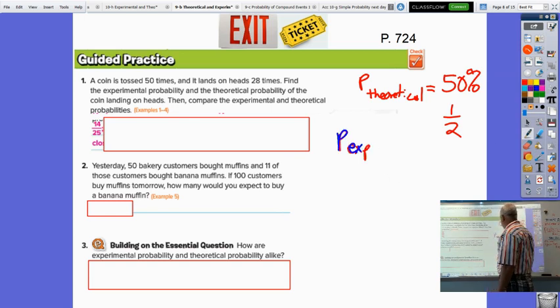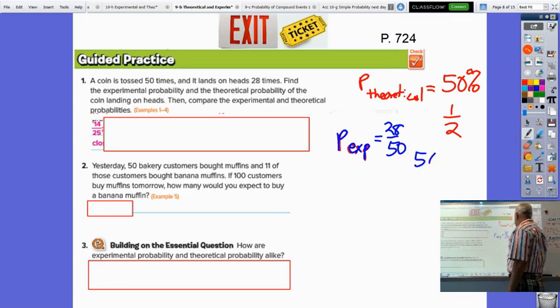The experimental probability, 28 out of 50, which is 56%, okay? Multiply this by 2 to get a percent, or divide in your calculator, and then you get 0.56 and move the decimal place, percent, fraction, and decimal conversions. Okay, as a simplified fraction, this is 14/25.